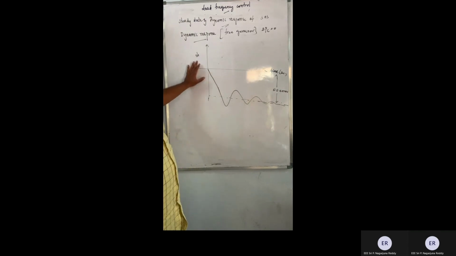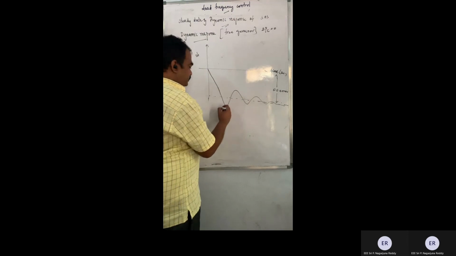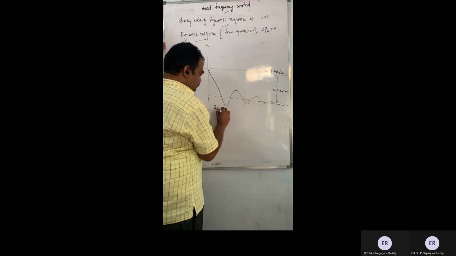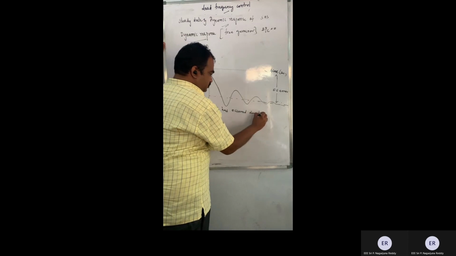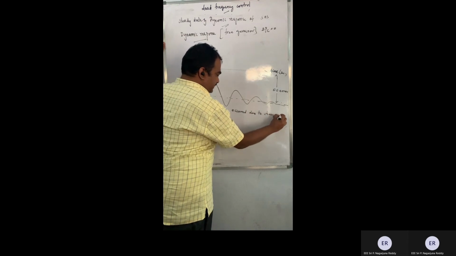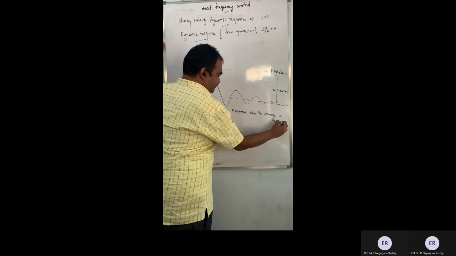In order to get it back to zero, what am I supposed to do? This has happened due to a change in demand; because the demand has changed, so has the frequency.